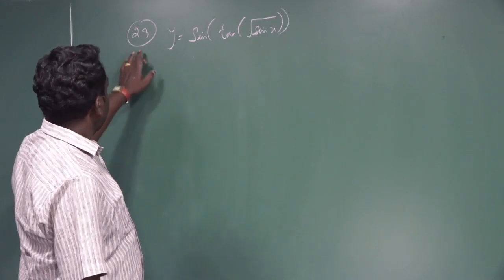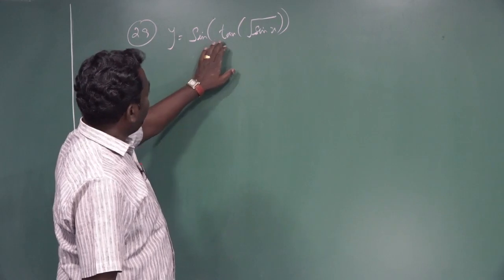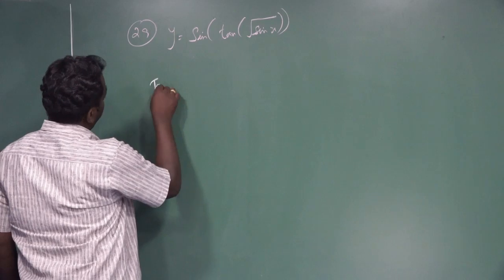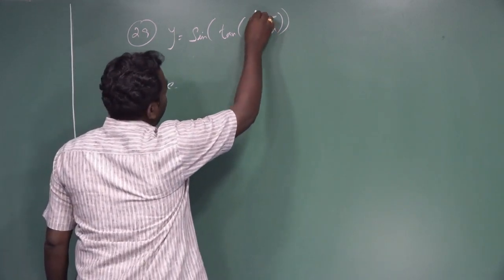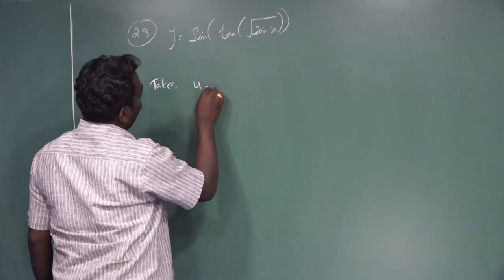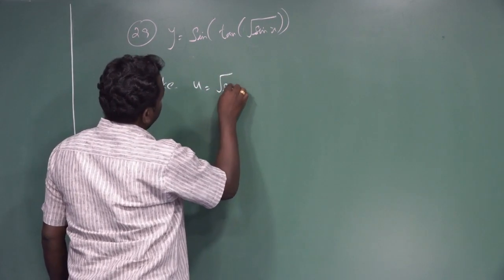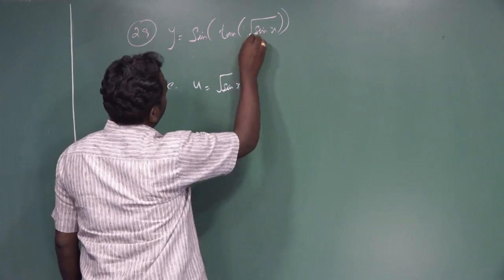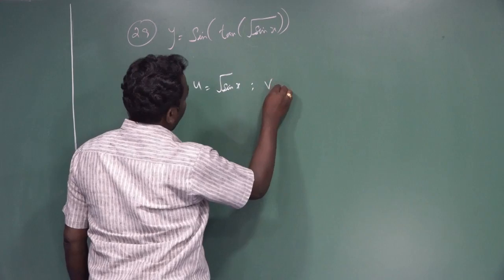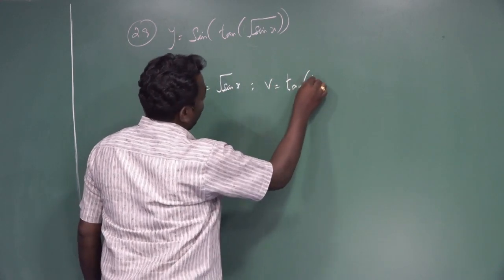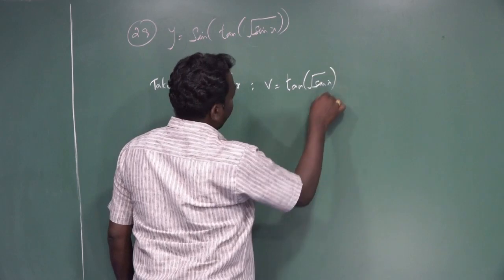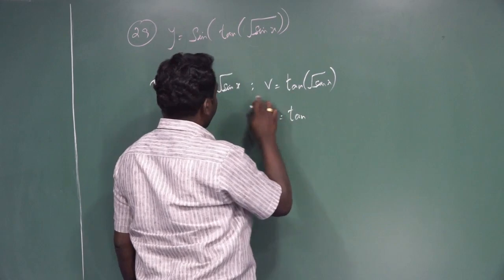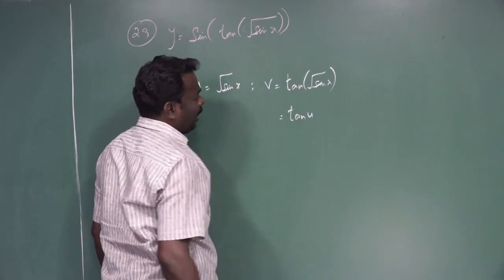Next one, question number 29, y equal to sin of tan of root of sin x. For this function, first we take the term within the square root, u equal to square root of sin x. Then the total function v equals tan of the bracket term root of sin x, which is u, so we simply write v equal to tan u.